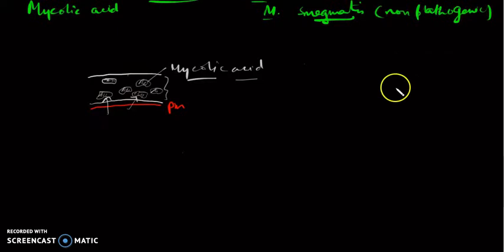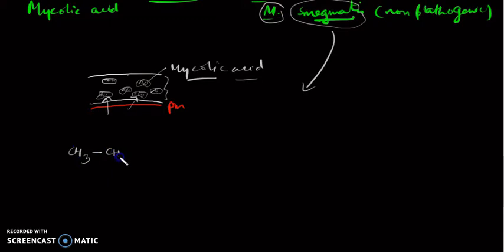In case of Mycobacterium smegmatis, the structure is like this. It is a long chain of hydrocarbon like this. Then there is a double bond here. Then again a 13 carbon length molecule.